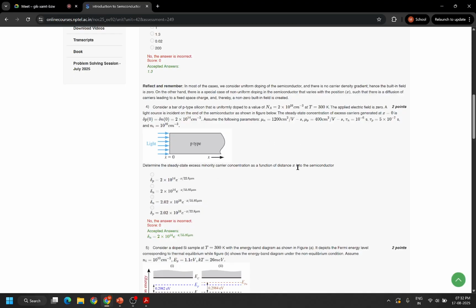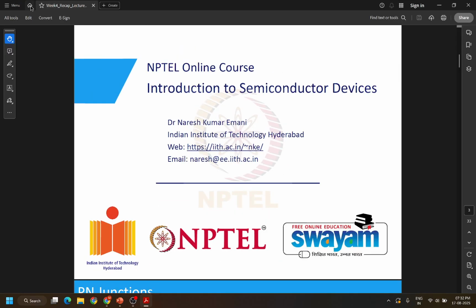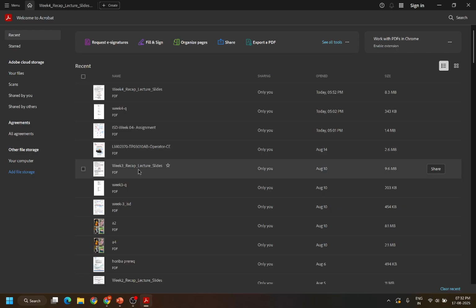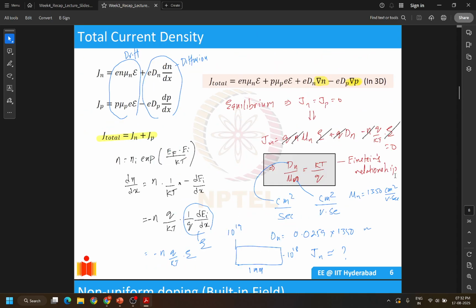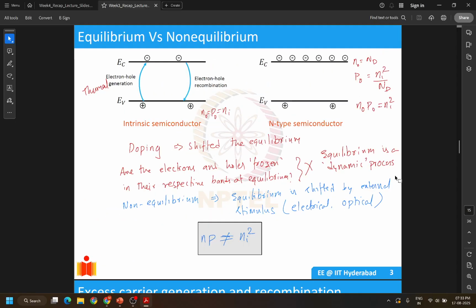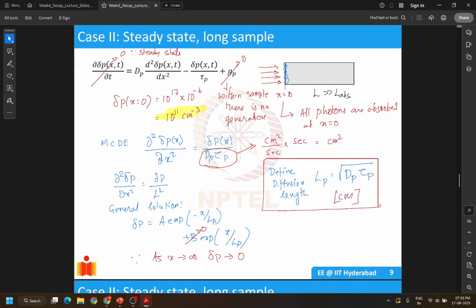In the last week we had done a similar question. This is the same question, where you have generation at x equals 0 and only at x equals 0.